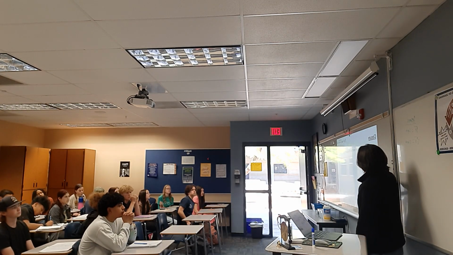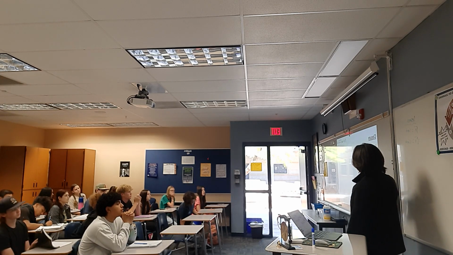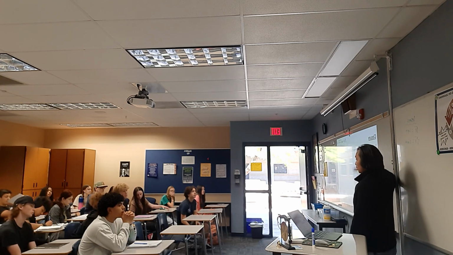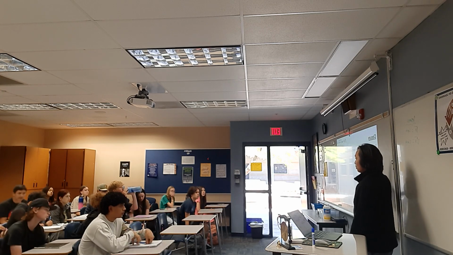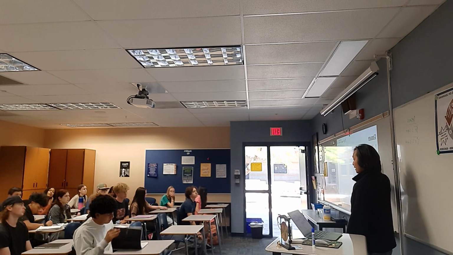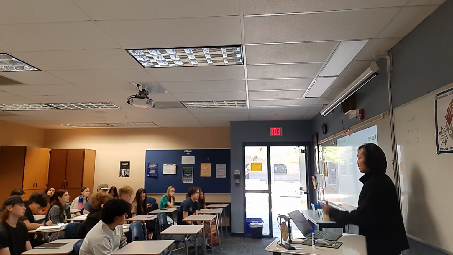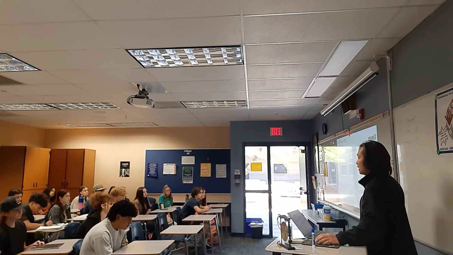Okay, let's think about it. The domain restriction of a square root function. What does the A value do? Vertical reflection, right? Does that have anything to do with the domain? Nope. The K value moves up and down. Does that have anything to do with the domain? It's got to be this one, right? Just the radical. It's got to be greater than or equal to 0. Okay, let's finish up.